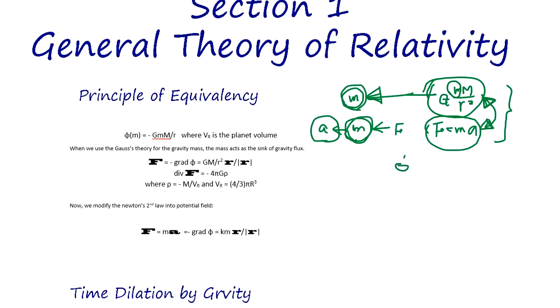So using the potential equation, the F, you remember that we did field theory, divergence of F is going to be this, the density of the mass, right?